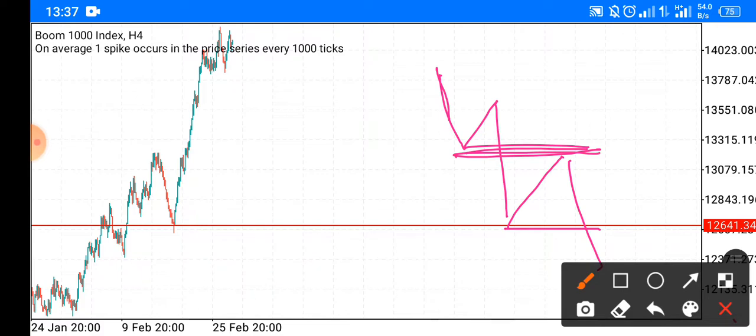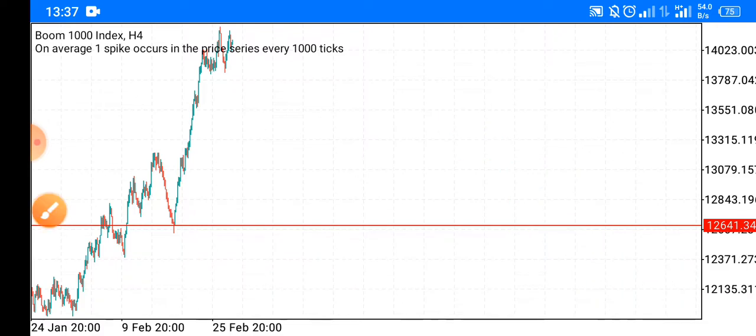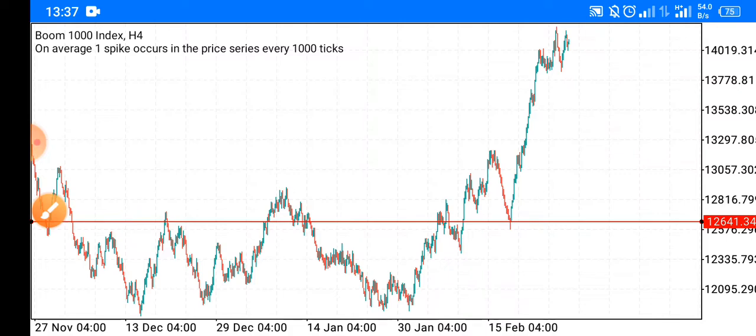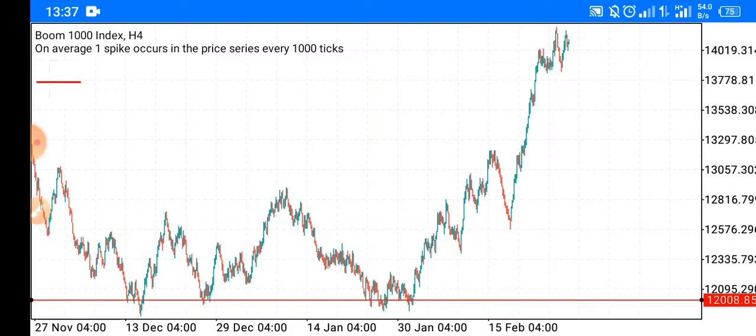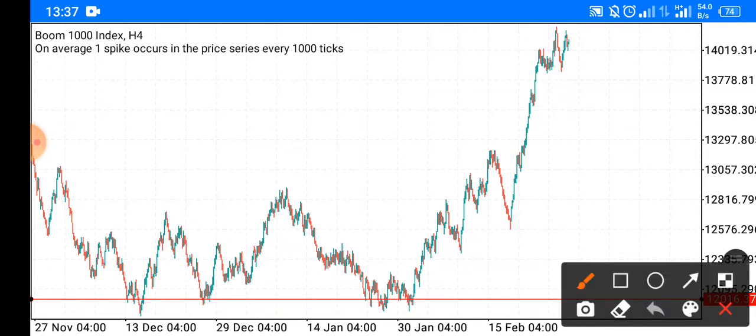So let me show you using some chart examples. Right here, this is a support level, as in we are marking this range. As I said, we're taking it as a range, not a single point. Here we're taking this range, starting from there to there.